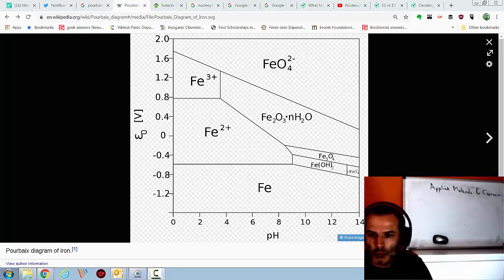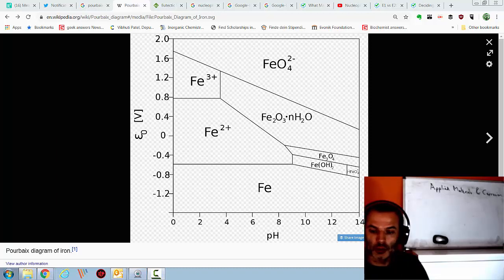If we go all the way up to the top at pH 7, it'll be a bit lower than 1.2 volts. We get FeO4 2-, which is also soluble. In between that we make a solid form, Fe2O3 with water, so we make rust effectively.